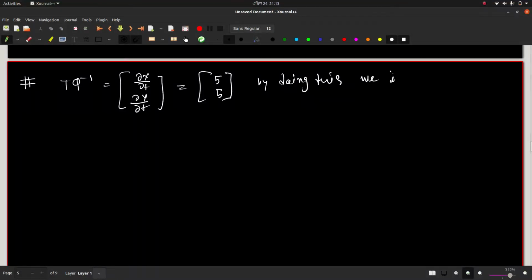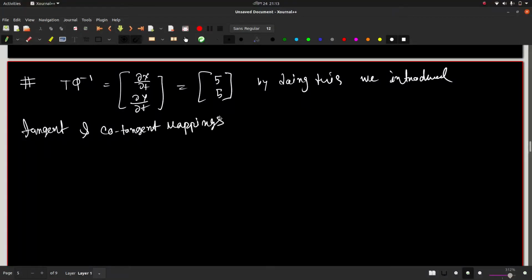By doing this, we introduced tangent and cotangent mappings as follows.